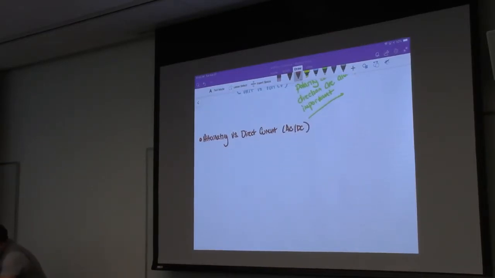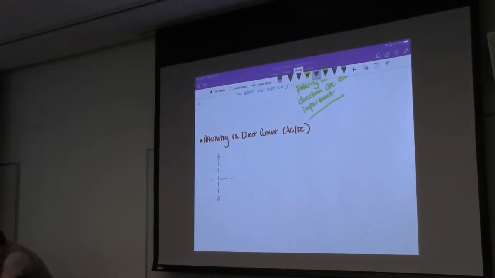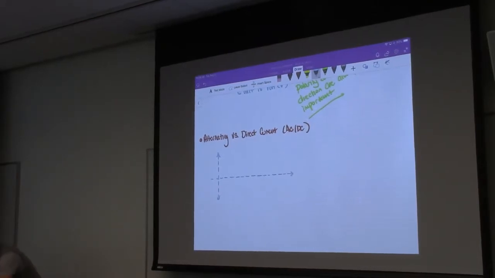The real definition and difference between the two has to do with whether the wave crosses the x-axis or not.